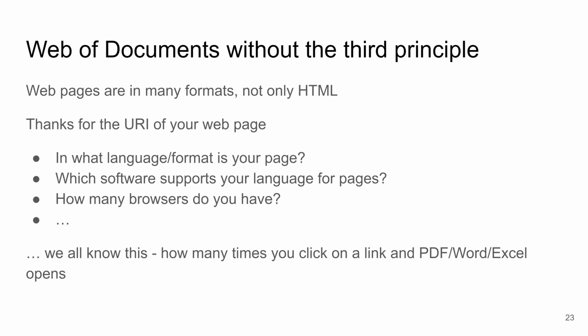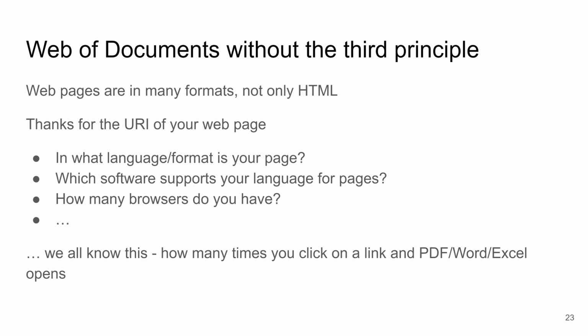Well, this would mean that suddenly we'd have web pages written in many different formats. So not only HTML, but there would be one page in HTML, one page in something else, and so on and so on. What it means is that each of your applications would have to learn many different formats, and probably not all of them.